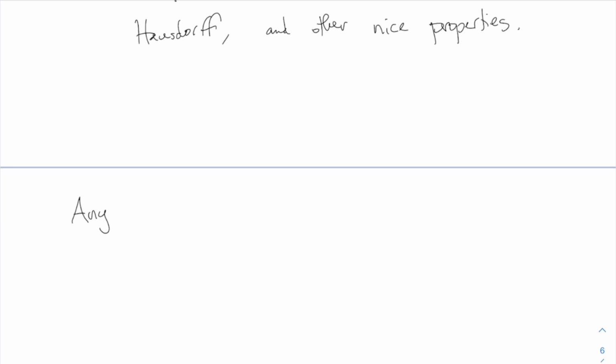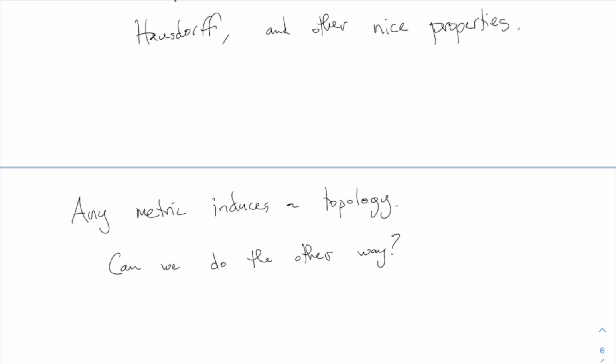Any metric induces a topology by using the balls as the basis neighborhoods. Can we go the other way around is what I want to discuss in our remaining 7 minutes. That is, if you start with a topology, can you use the topology to create a metric function?